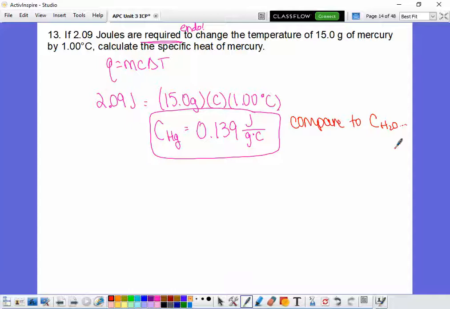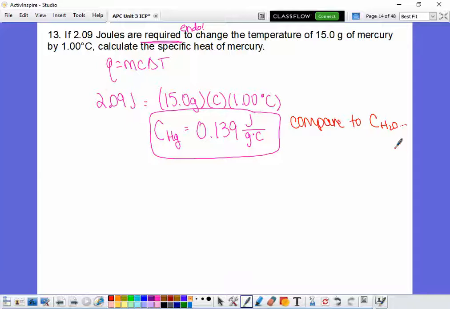The size of the C value will tell you how much that substance will change temperature. The larger the value, the more energy it takes to change temperature. So if I were putting the same amount of energy into both, my water's temperature is going to change less because its specific heat capacity is greater.